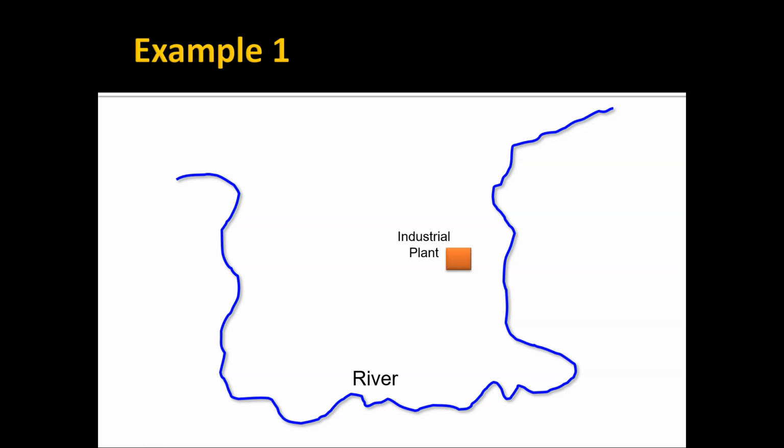In this section between the rivers, where the industrial plant is located, you're going to have accumulation of groundwater due to recharge, and that's going to cause a mound. And somewhere in the middle of this line, there's going to be a groundwater divide where the groundwater goes this way or this way.